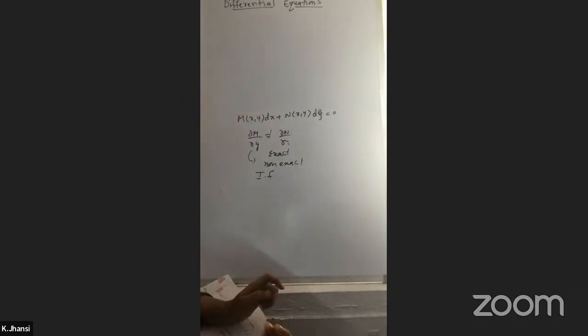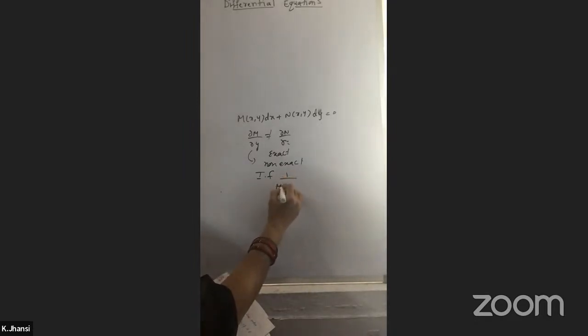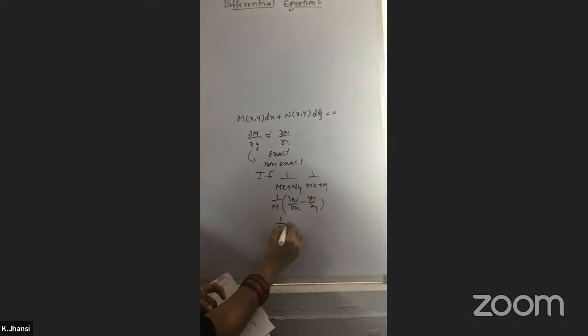Sometimes, by inspection, that is by seeing the problem itself, you can identify the integrating factor. That is one method, and there are 4 other methods. By seeing the question, you have to identify whether it is Mx + Ny, or Mx - Ny, which I told you yesterday, or 1/M (∂N/∂x - ∂M/∂y), or 1/N (∂M/∂y - ∂N/∂x).